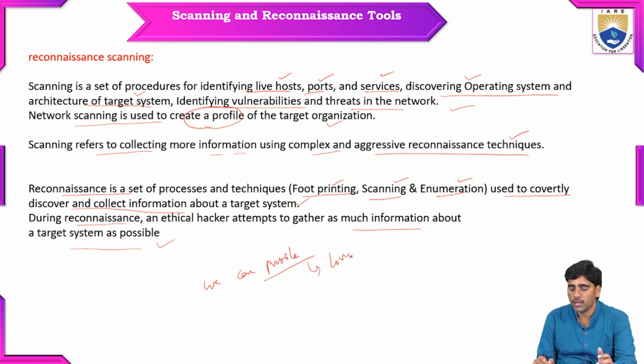All the live hosts, ports, IP addresses, services, operating system, architecture, kernel types, operating system types, and how many ports are closed or open. We get the detailed information, and we construct it as a profile of the target machine.